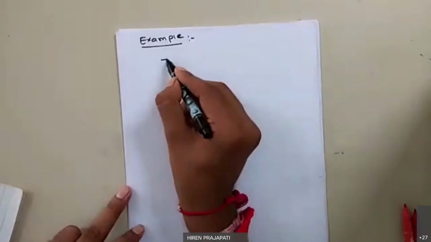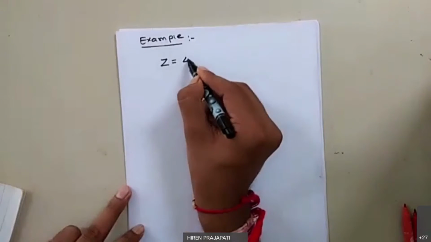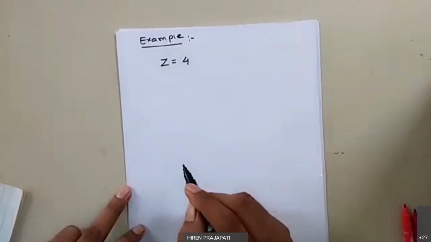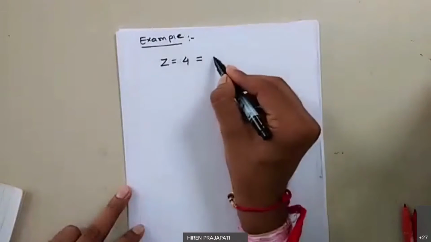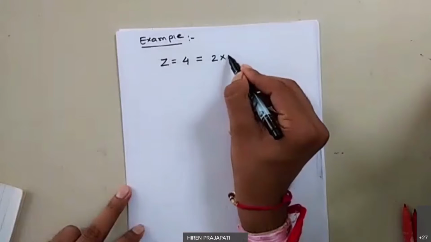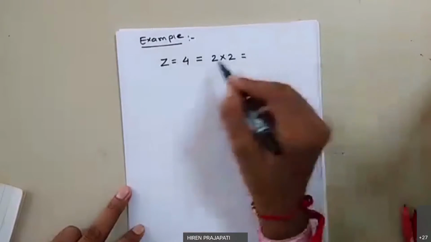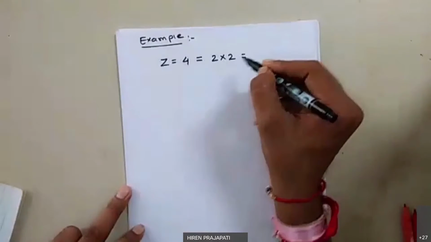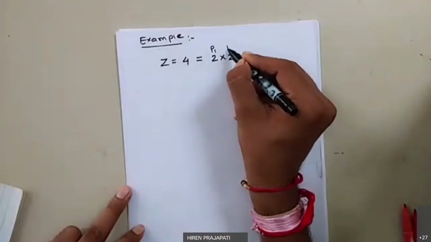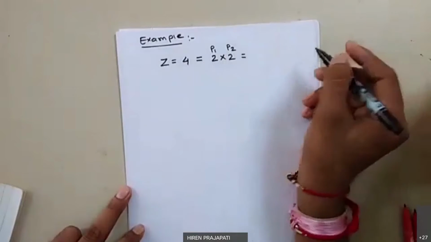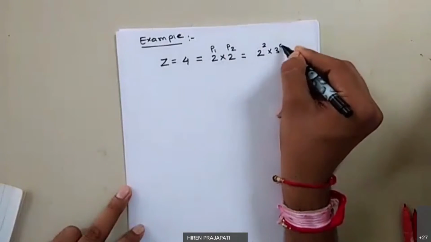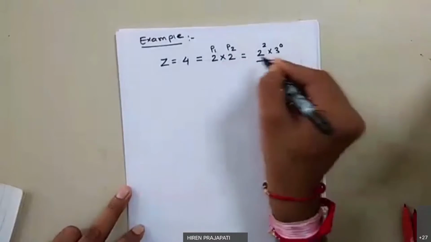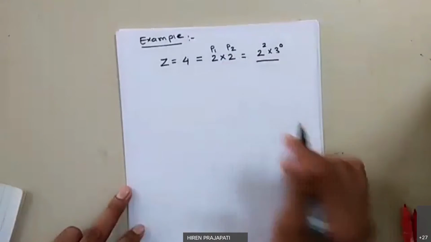So suppose we want four speeds from the gearbox, then divide this 4 into 2 and 2. This is called P1 and this is called P2, right? So here 2 raised to 2 and 3 raised to 0. This is the basic structure equation, right?